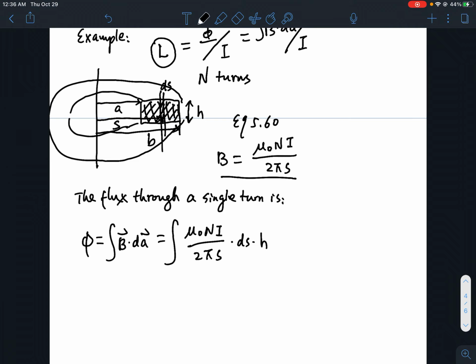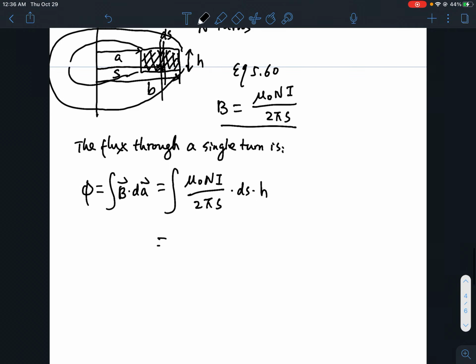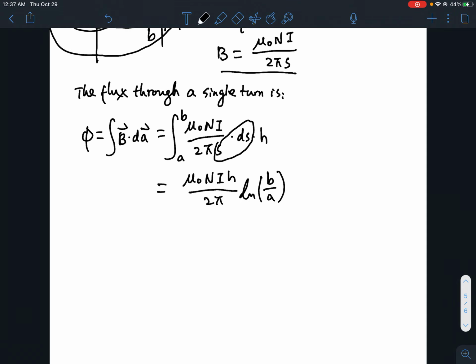It turns out we only need to integrate 1 over s times ds, from a to b. That gives us mu 0 n i h over 2 pi times log b over a. That is the magnetic flux through a single turn.